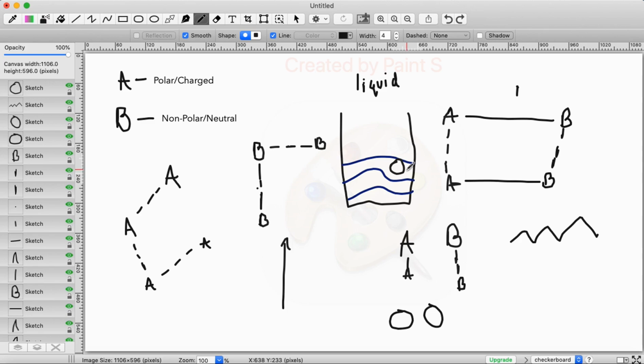Depending on the density, how heavy it is, it would either be floating on the top or at the bottom. This molecule is hexane. I don't know the density. I think the density of hexane is less than water, so I think it would float, but I'd have to check that. So that's basically what happens, right?